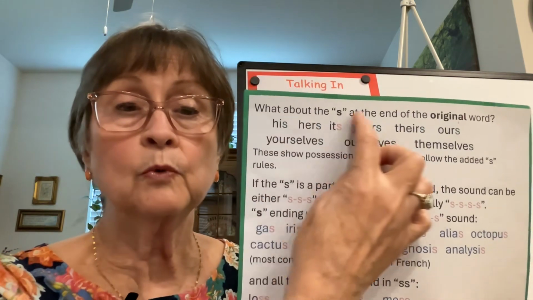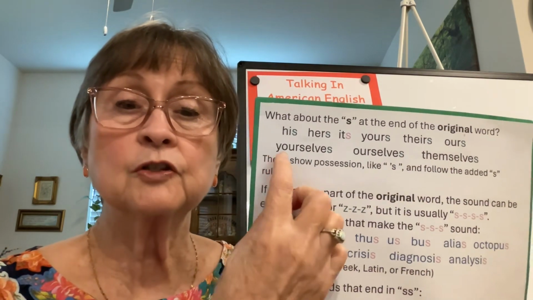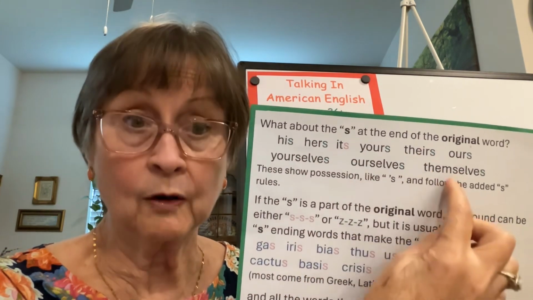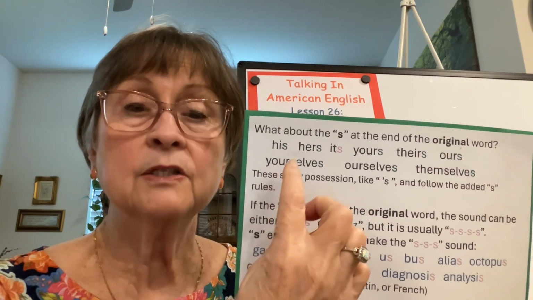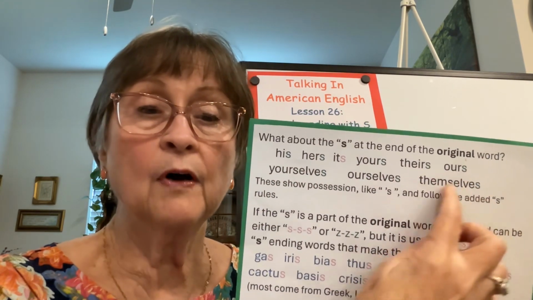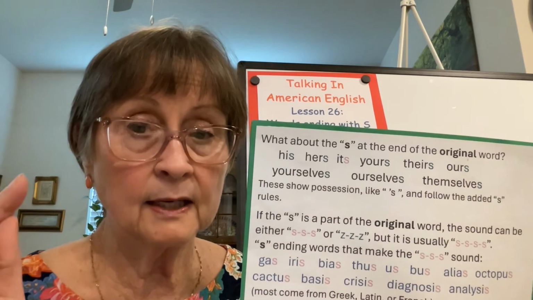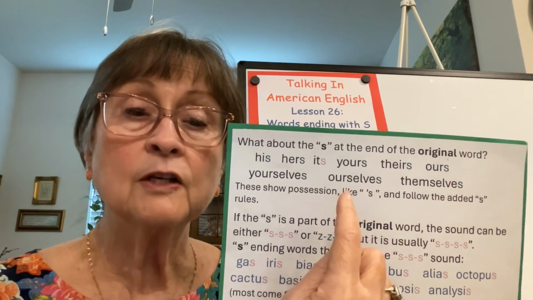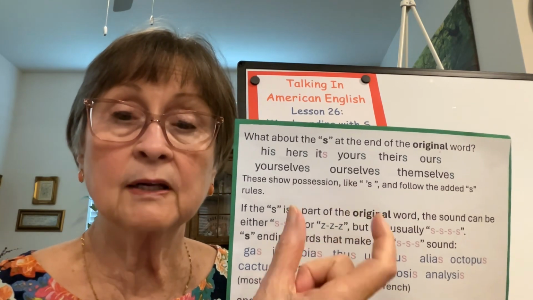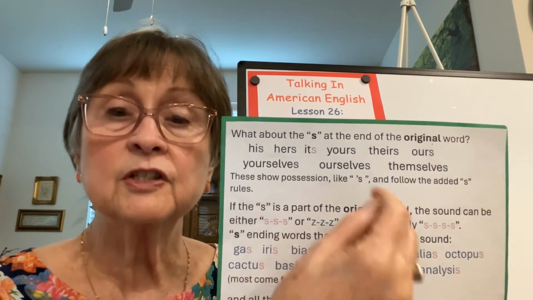Now here's a rule that we can go by that fits just these pronouns that end in an S. His, these are all going to follow the rule just like the added S. Because these are considered added S's, they show possession just like having a noun like woman's.